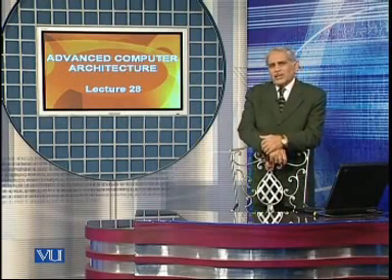Followed by this discussion, we talked about the writing strategies. While talking about writing strategies, we noticed that there are two commonly used write strategies for cache, which are referred to as write back and write through.